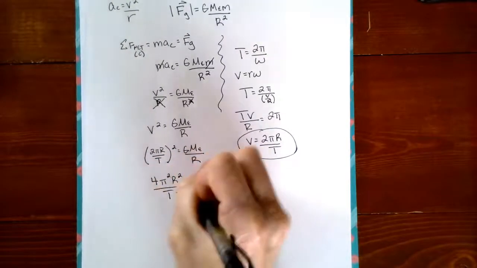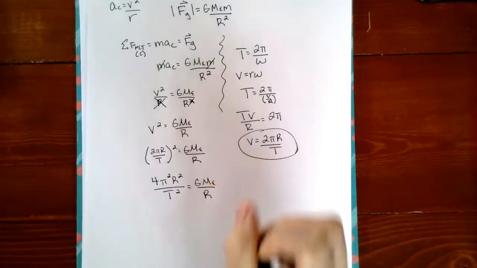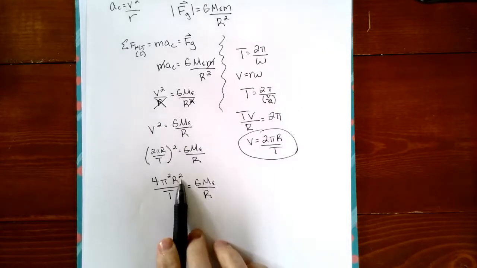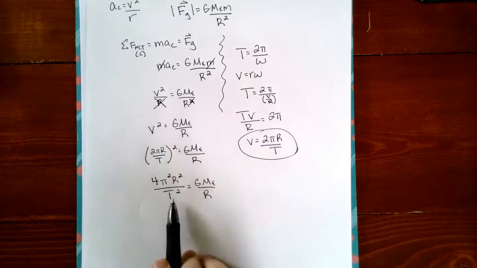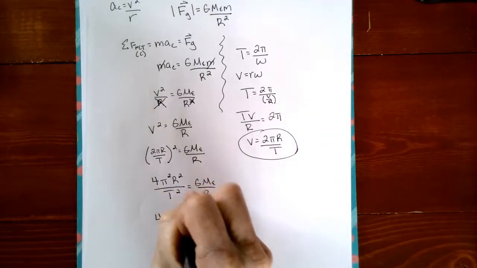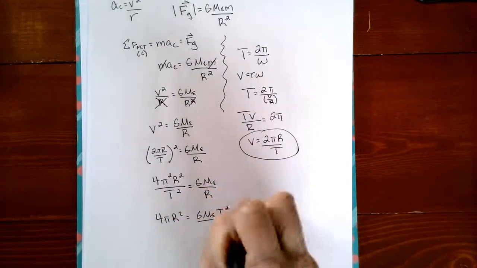Okay, be very careful. It's easy to try to say that you're going to cancel out that radius and that square, but that is actually not the case here. But we just want to solve for the period. So I'm going to move it out of the denominator. And we want to solve for it.